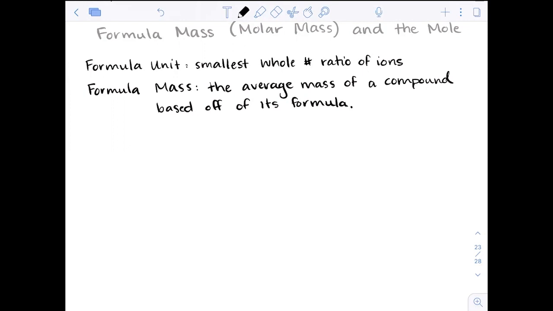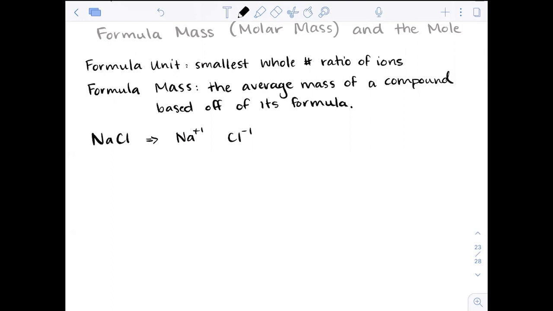Why is this important? Well, when we're talking about something like sodium chloride, we know that sodium chloride is a ratio of sodium plus 1 and chlorine minus 1 built up in the lattice structure of sodium chloride, ionic compound. When we look at utilizing this in the lab, we don't have sodium element or chlorine element anymore. We have the ions and they are collectively together in the ionic compound sodium chloride.